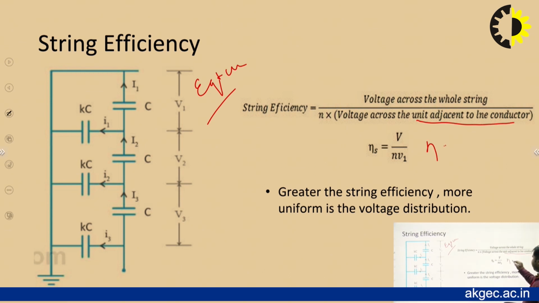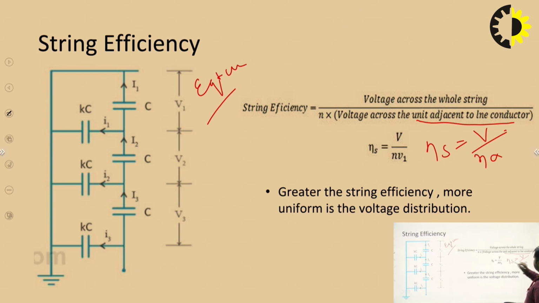So string efficiency equals the voltage across the whole string, that is V1 plus V2 plus V3, which equals V, divided by N into the voltage across the unit adjacent to the conductor, that is V1.